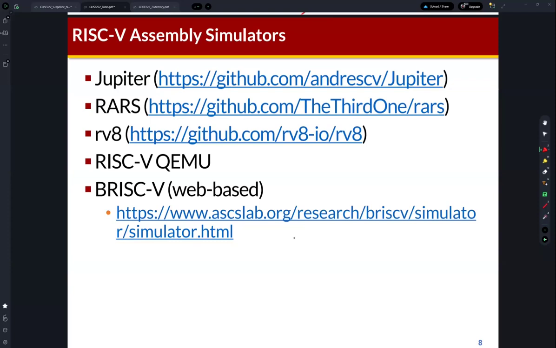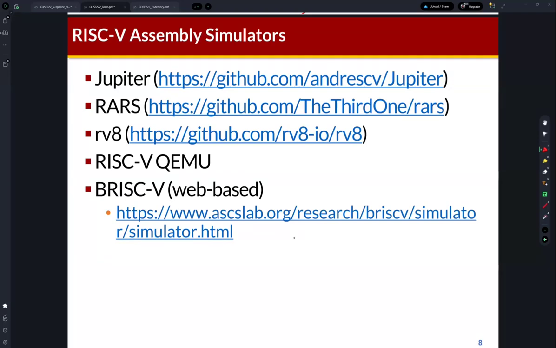Even though we do not have a real RISC-V processor, using these RISC-V assembly simulators we can execute RISC-V binaries or RISC-V assembly code.